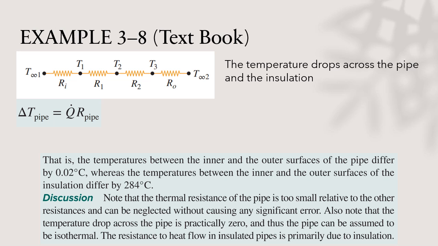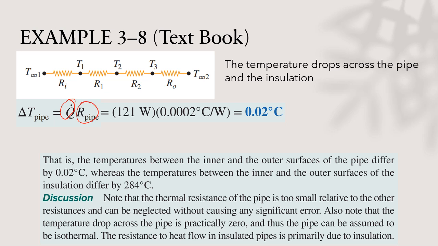Delta T for the pipe is equal to the difference between T1 and T2. And we know the value of Q, and we have calculated R pipe.